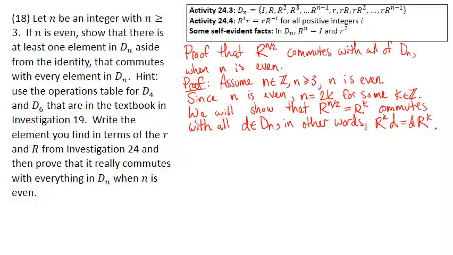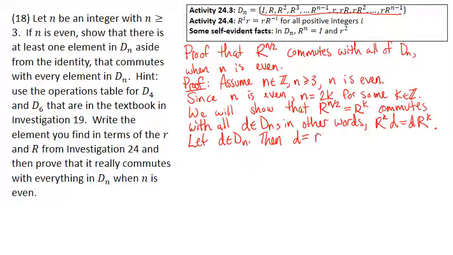All right, so let's just say that d is some element of the dihedral group. Then we know that we can write the elements of the dihedral group in these forms here. So in other words, we can write d in the following manner. d equals, so it either starts with little r or it doesn't.